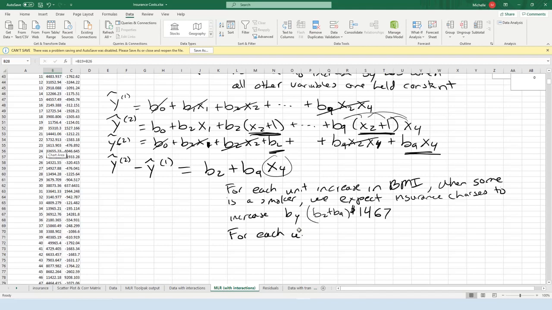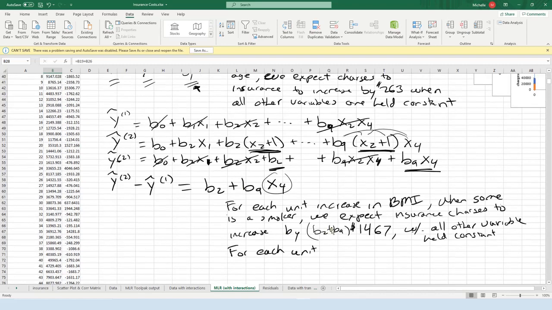Another interpretation is for each unit, also with all other variables held constant. You need to write that, okay? So with all other variables held constant, the same number of children, same age, all that stuff. So for each unit increase in BMI when someone does not smoke, X4 is 0.